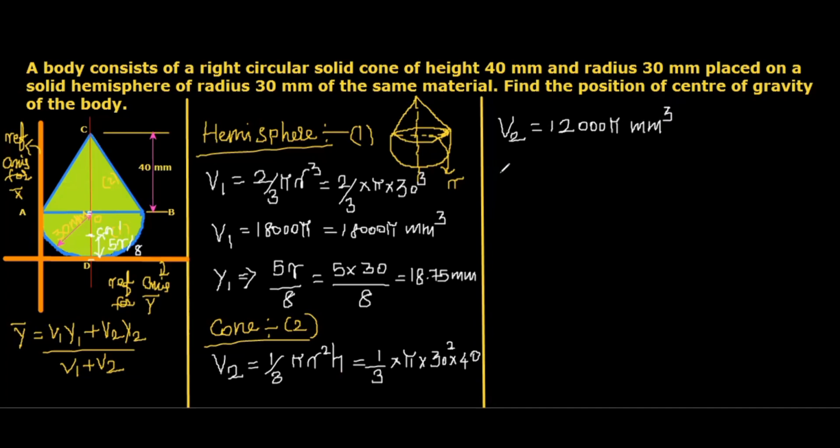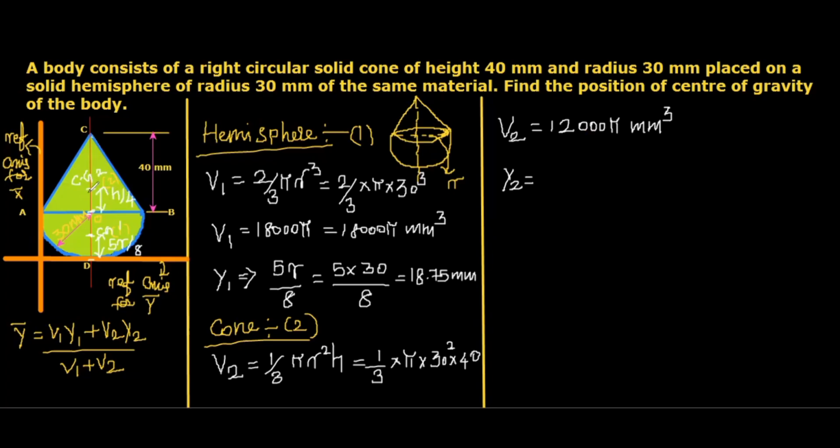Then Y2. Here, this is the right circular solid cone. From the base, the CG2, center of gravity of the right circular cone, will be at a distance from the base of h by 4, 1 by 4th h.